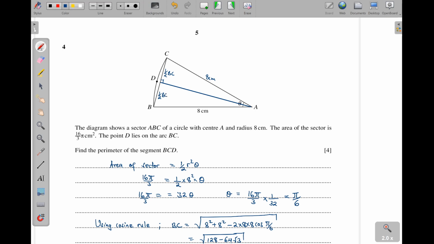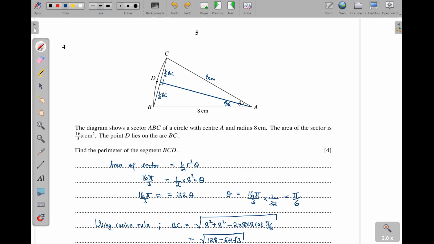Now we have a right-angled triangle. This one will not be 8. The angle that is here is theta over 2. So this side here is opposite and this one is the hypotenuse. Remember, of the two sides which are perpendicular, one is opposite, the other is adjacent.